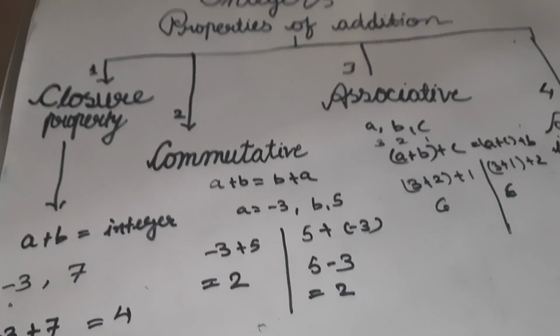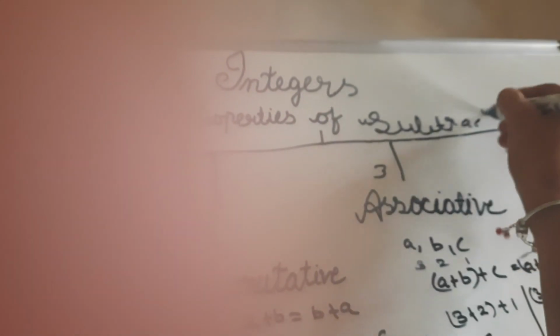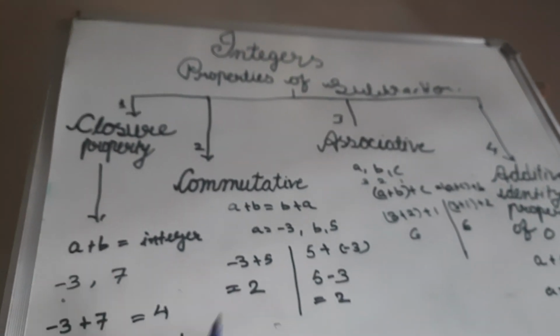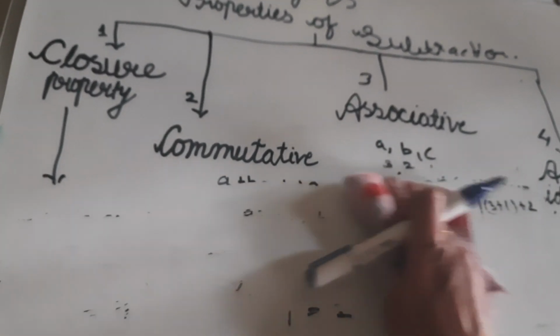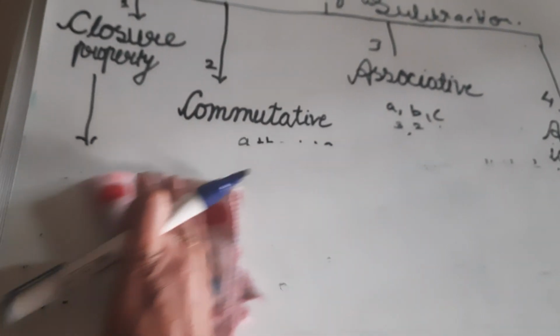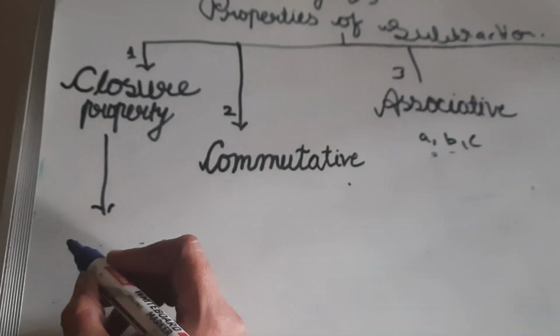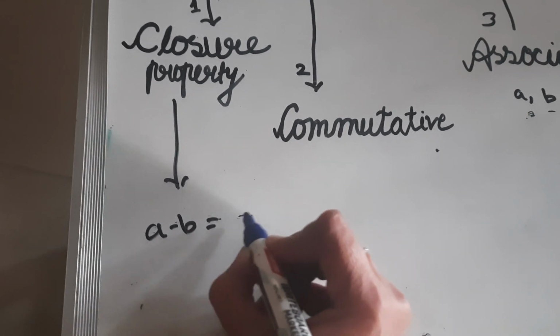properties for subtraction. In subtraction, closure property, a minus b is an integer.